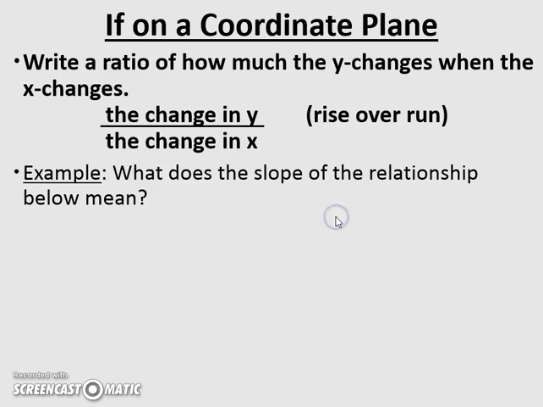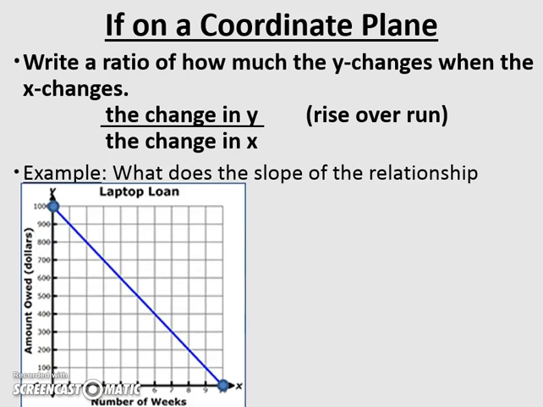All right, let's look at a coordinate plane. We are again looking at how much the y is changing when the x changes. Now, on a coordinate plane, the y is up and down. The x is across. Identify two perfect points. We already have two identified here and here, but you could use any points, such as this. So you look at how much the y changes.